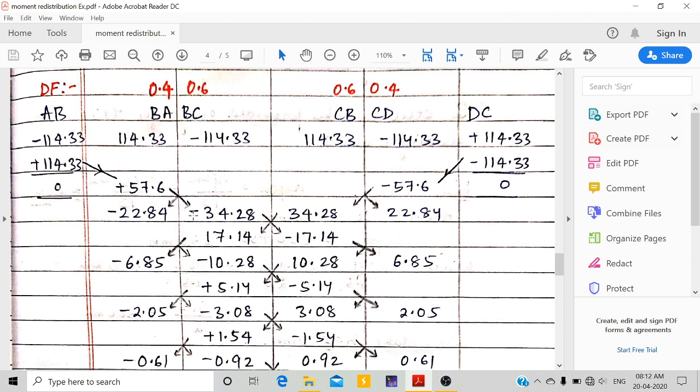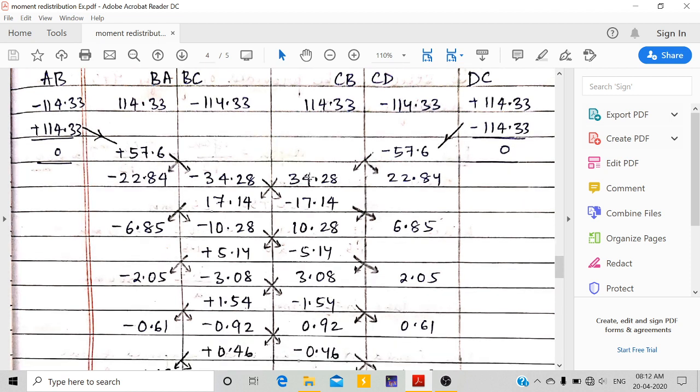So after getting this, what will happen here, again half will be transferred. Okay, so this is positive, so positive will be transferred. When we are transferring, same sign. But when we are distributing, it will be opposite sign. Okay, we got 17.4, then this into the distribution factor, into 0.4 and into 0.6, then again half is getting transferred.